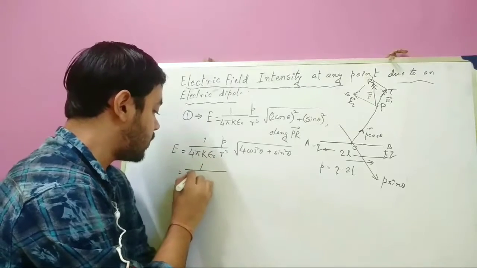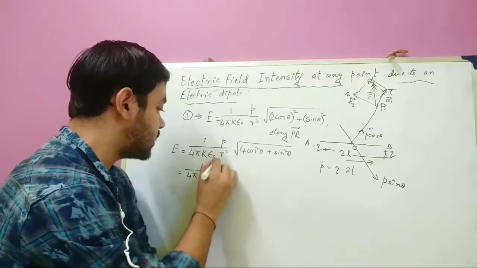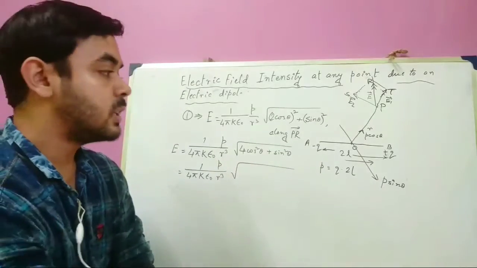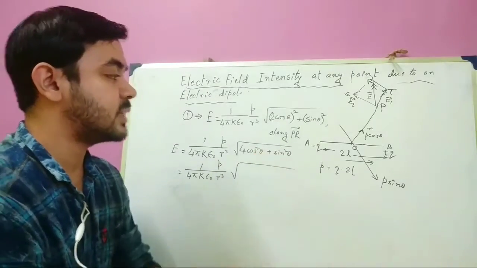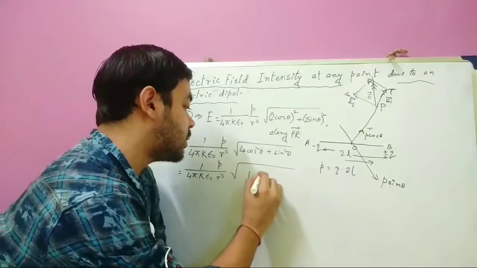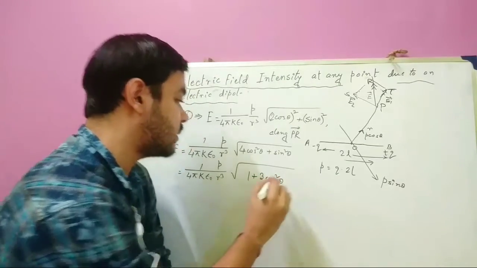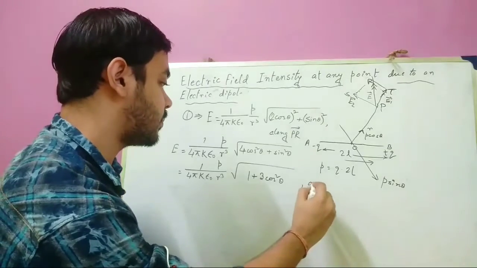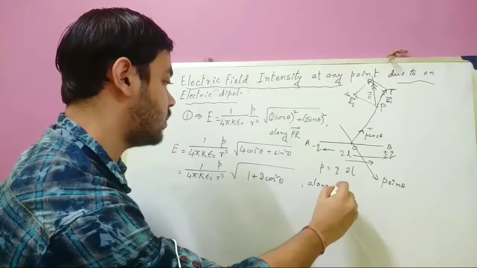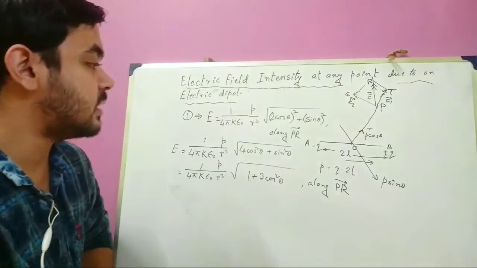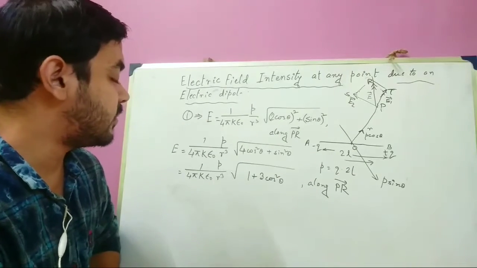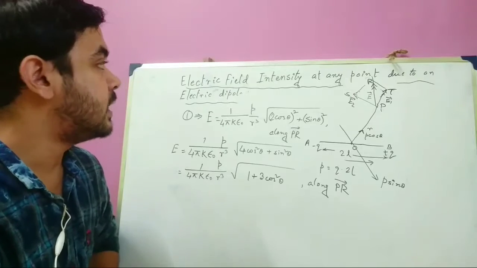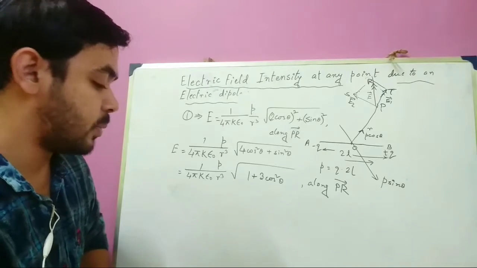We know the value of sin square theta plus cos square theta is equal to 1, so this will be equal to 1 plus 3 cos square theta, along PR. So this is the resultant electric field intensity at any point P due to an electric dipole.